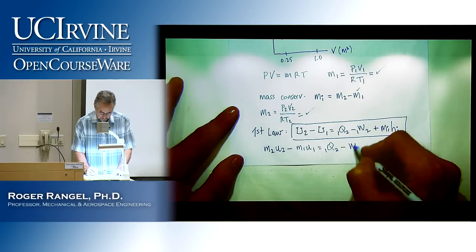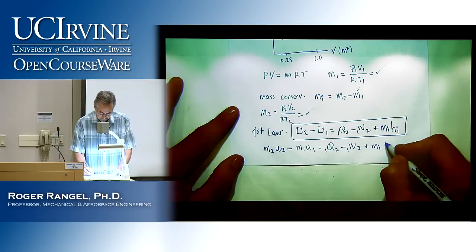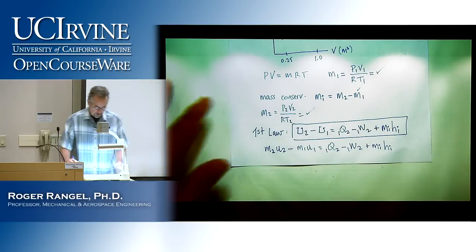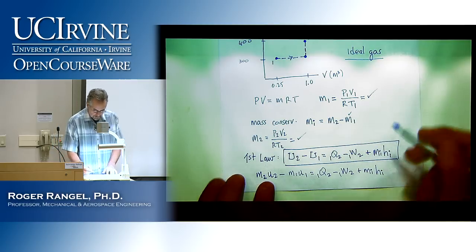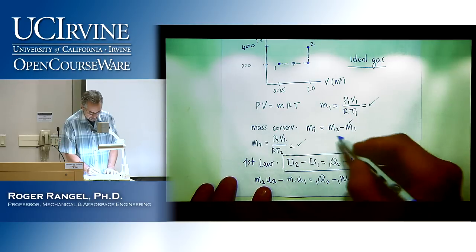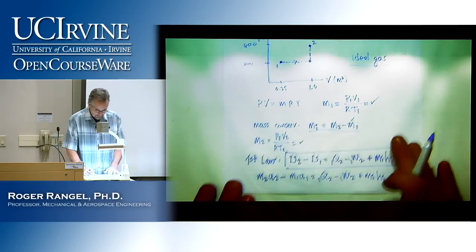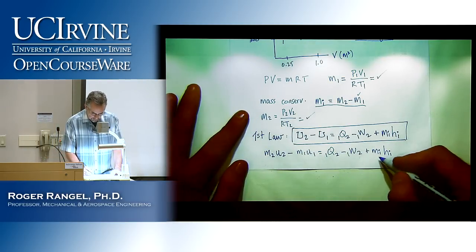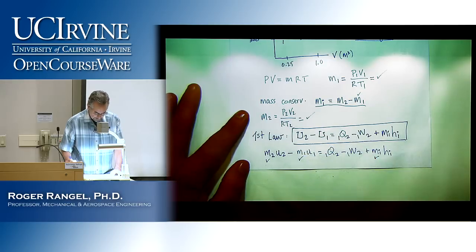Q12, W12, MI, HI. Of course, I know what MI is because I have M1 and M2, and my equation tells me that MI is just the difference of those two. So I know MI. So let me put check marks here around the things that I know. MI, M2, M1.